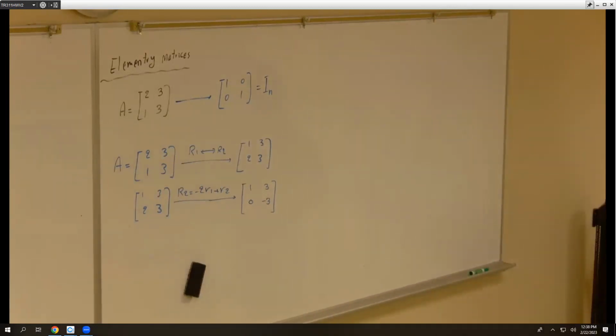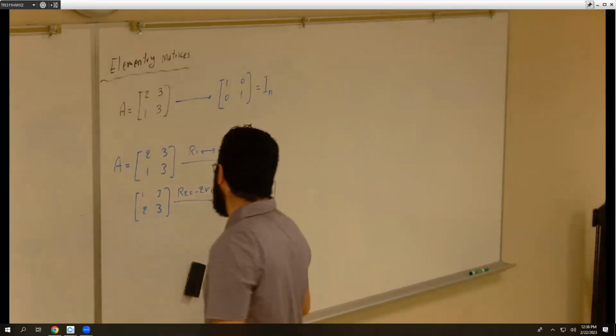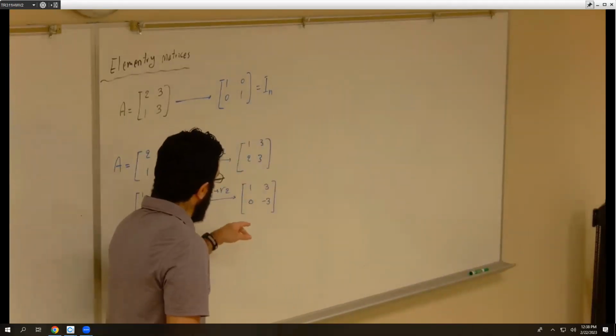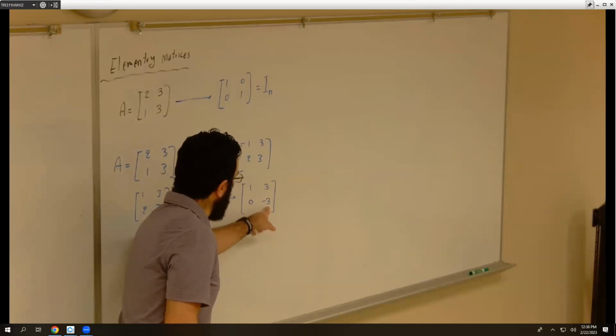The third one. What's the third operation? You need to convert the number 3. So it's -3. Here is the new matrix. You want to convert this one or this one?